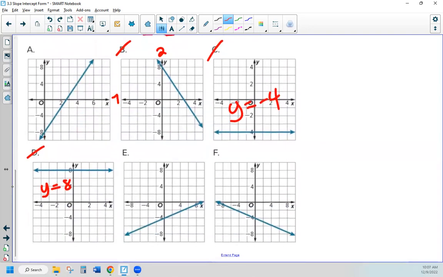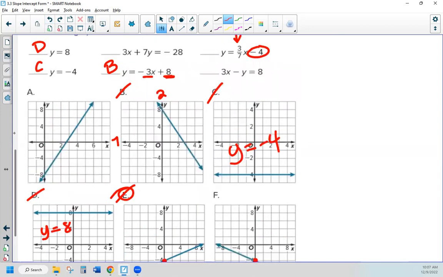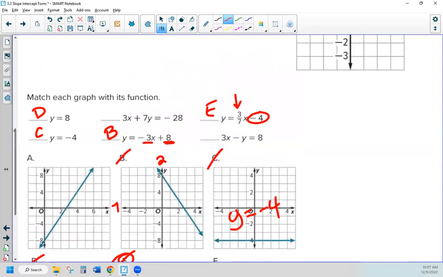I don't want to stress going through the same pain of, oh, what are my y's and x's going by? I have a y-intercept of -4, but a slope of a positive number. This right here is the line that I'm looking for. That's the line that's going up. This line is going down. It's a negative slope. So E is going to be for this one.